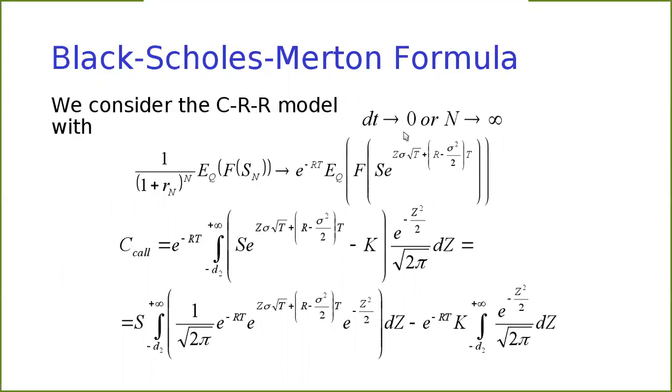In approximation case where dt tends to 0, you know that it will be exponent to the power minus r capital T. So from this we get this, and we should substitute this expression as S_T instead of S_N.